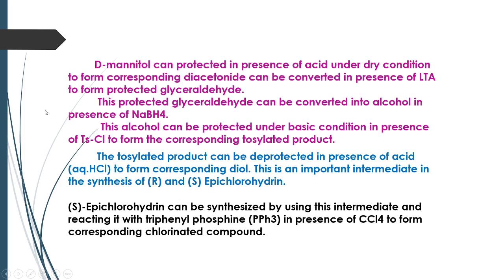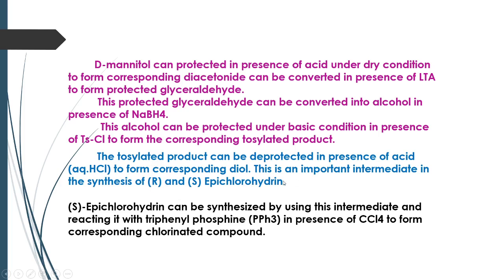Means here we have this OH, and this OH is converted into this OTs molecule. This is the tosylated product, and this tosylated product can be deprotected in presence of aqueous acid to form the corresponding diol. And this is an important intermediate in the synthesis of R and S-epichlorohydrin.